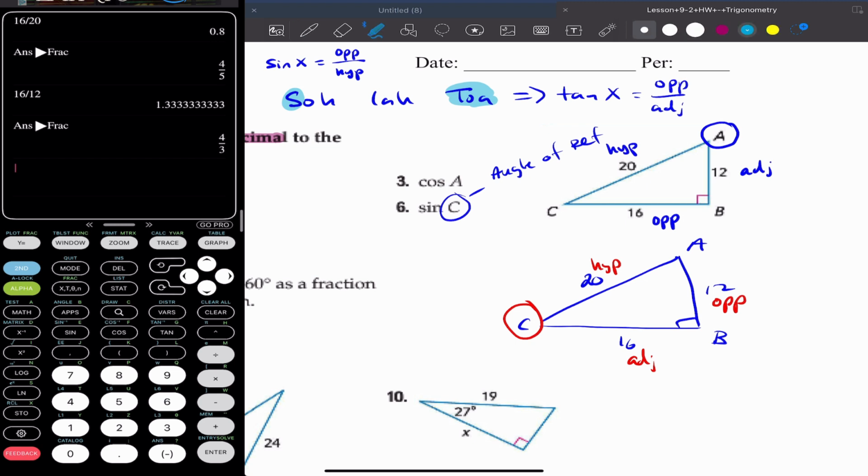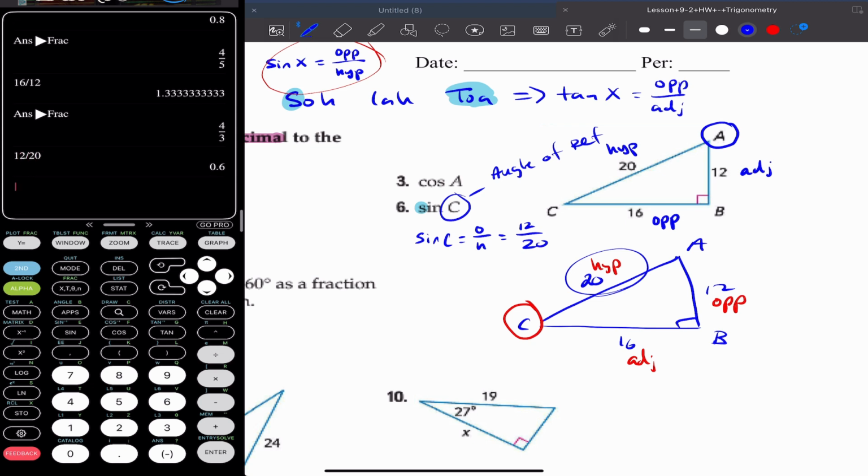And because I'm dealing with sine, that means I'm using SOH, which is opposite over hypotenuse. So sine of C is equal to O over H. O is 12 and H is 20. So I write 12 divided by 20.